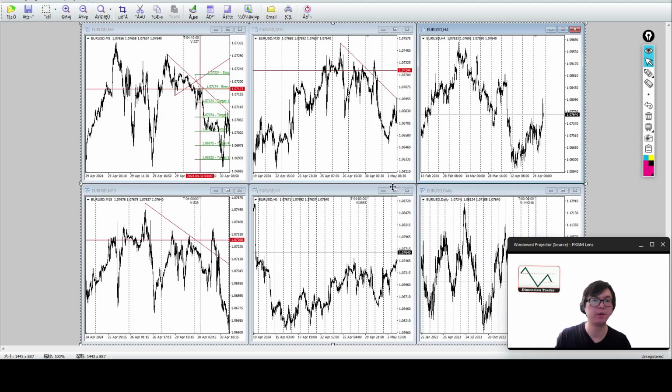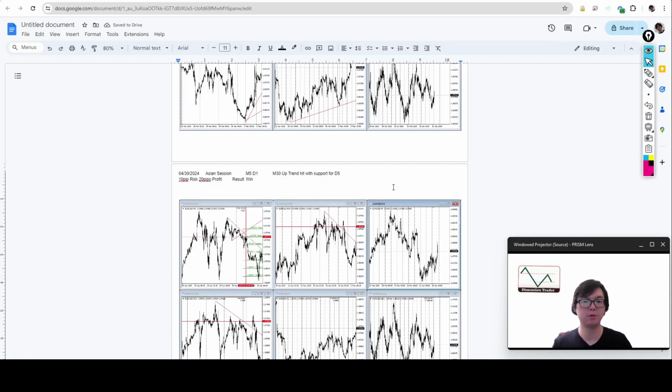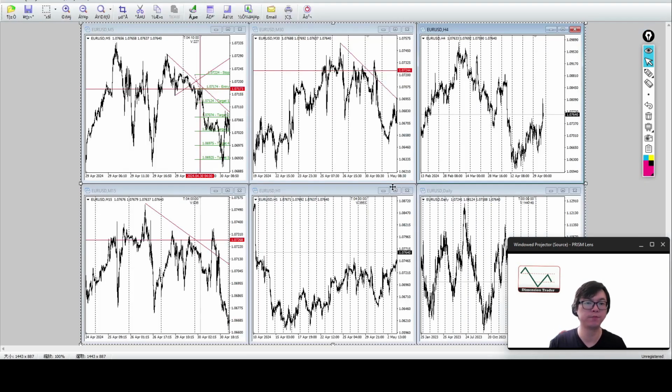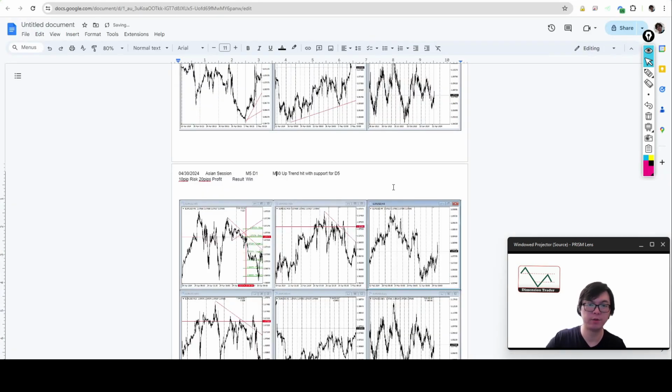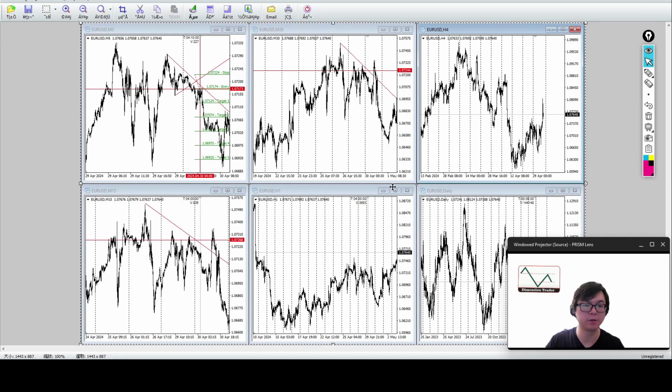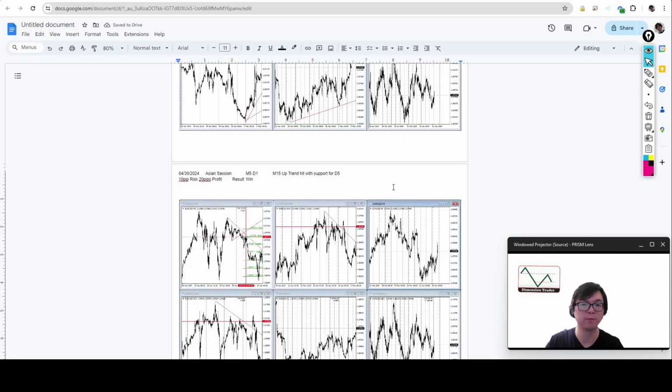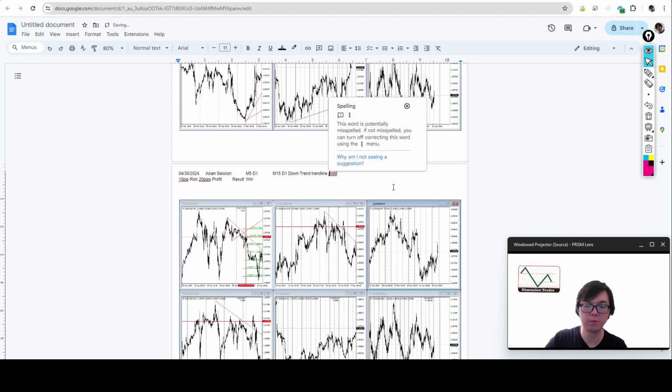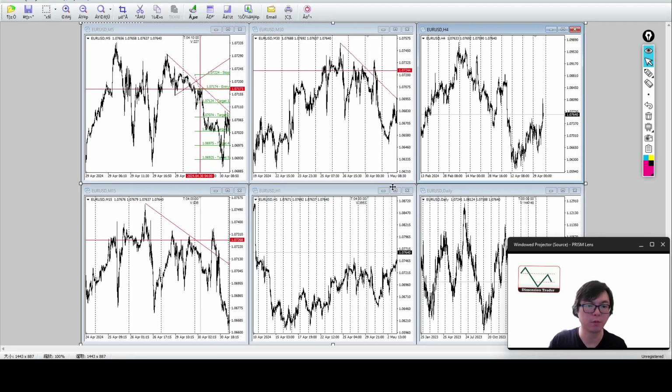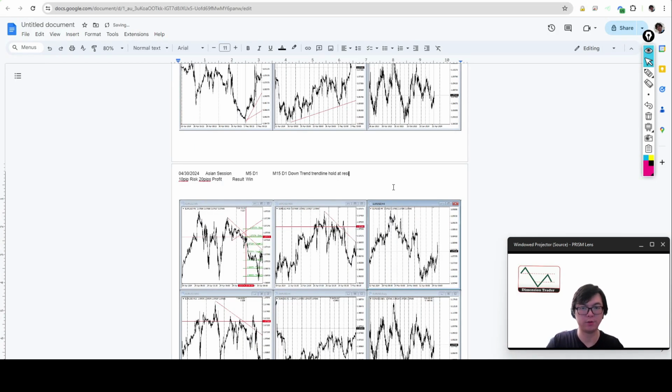5 minute is dimension 1. 15 minute is dimension 1 with downtrend trend line hold at resistance.